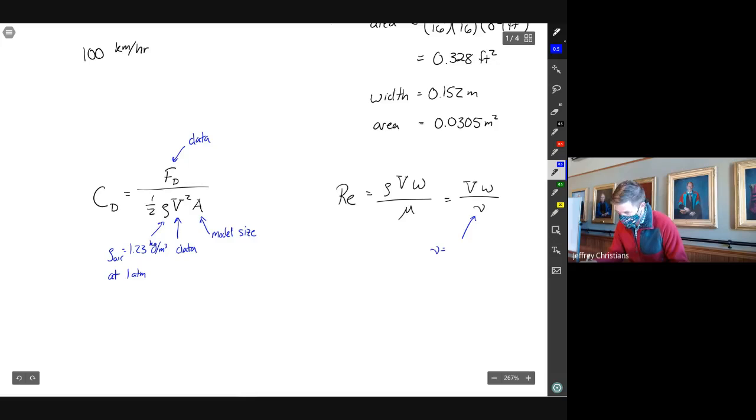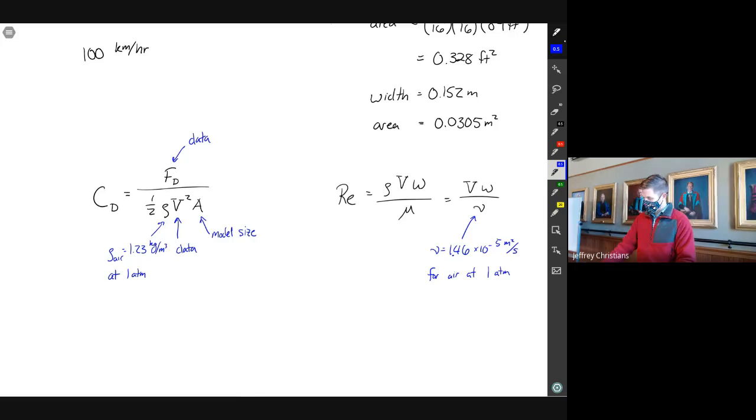So nu is 1.46 times 10 to the minus 5 meters squared per second for air at 1 atmosphere. Okay. The velocity, then we have data, and the width, that's from our model size. We know how big the model is.